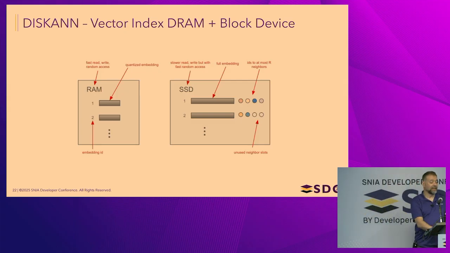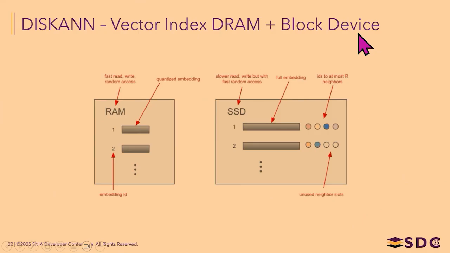So let me get a little bit closer so I can read. So that's kind of how you represent RAM. You have all the embeddings compressed, and on SSD you have the full embedding and IDs for the neighbors.